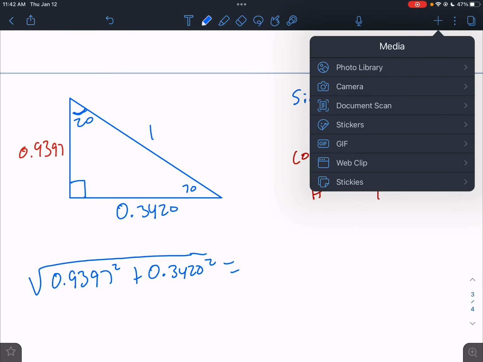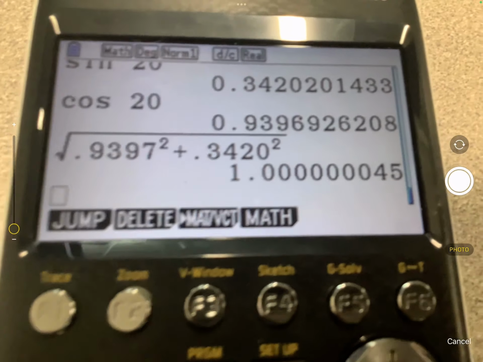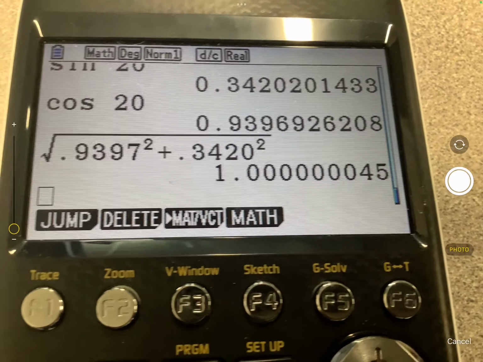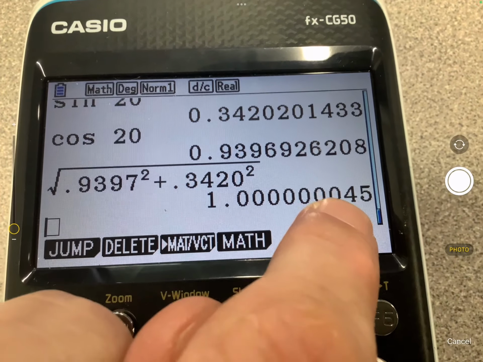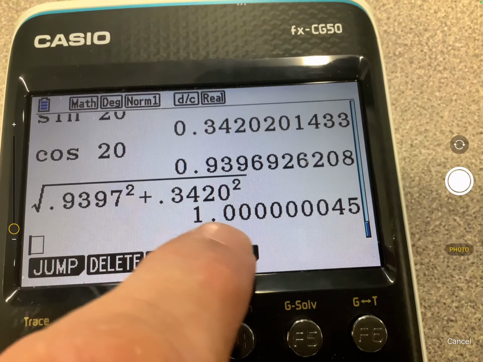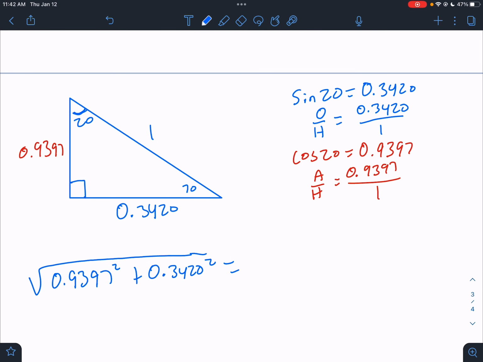Notice it's 1.000045. That's because we rounded. If I had not rounded these numbers, it would have come out perfectly at 1. But that's basically the number 1. If we round our answers, then you're not going to have perfect answers. But it basically comes out to the number 1, checks out.